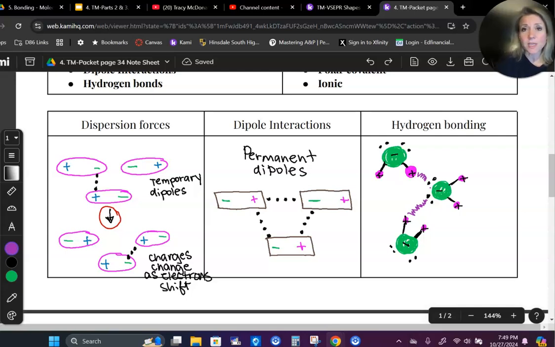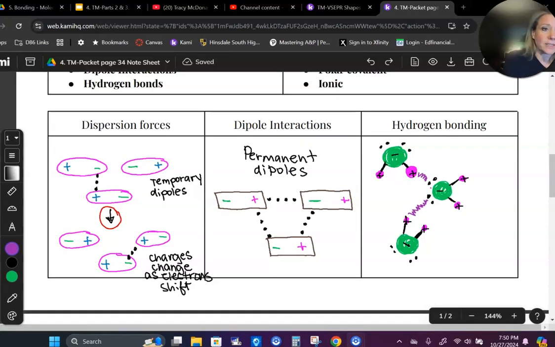Temporary dipoles are non-polar molecules that have electrons that are constantly moving and shifting around. Above the arrow with the red circle, you can see that I have my temporary dipoles in pink. And if you look at them, you can see that some of them have the signs changed places because our electrons are moving around.